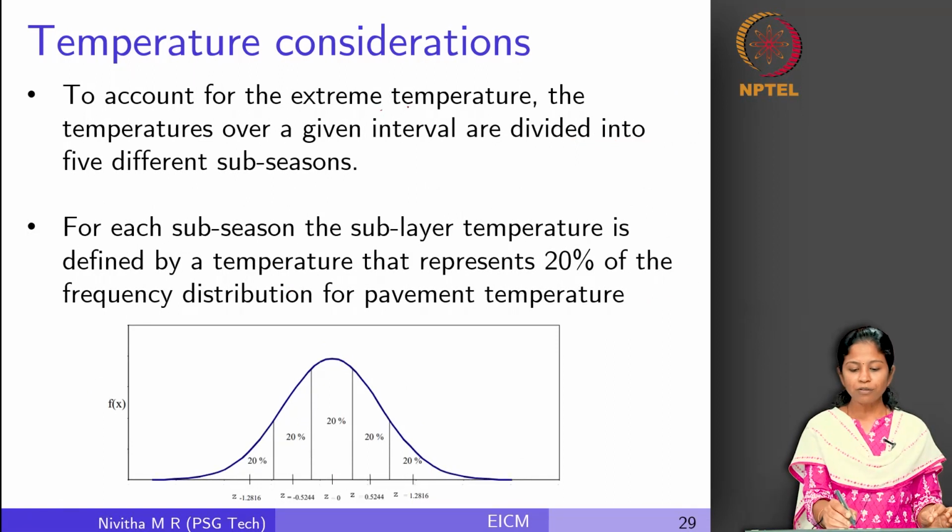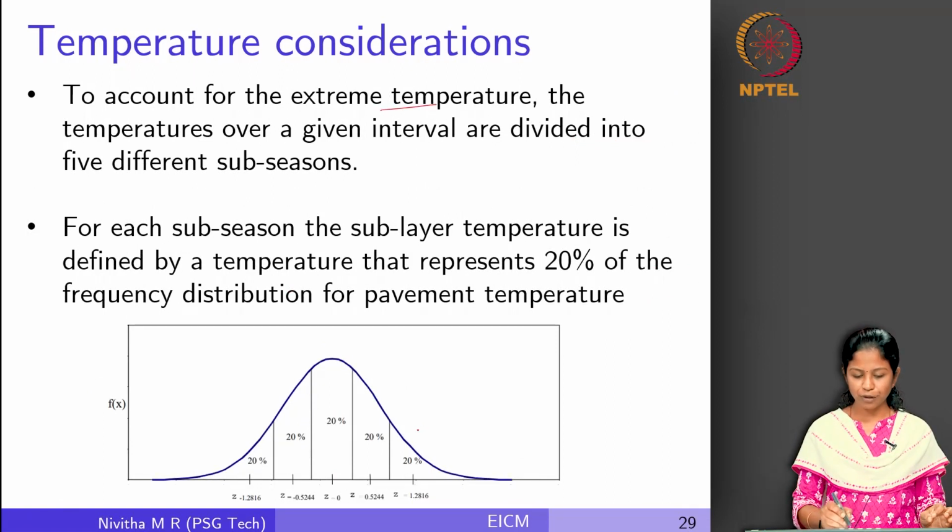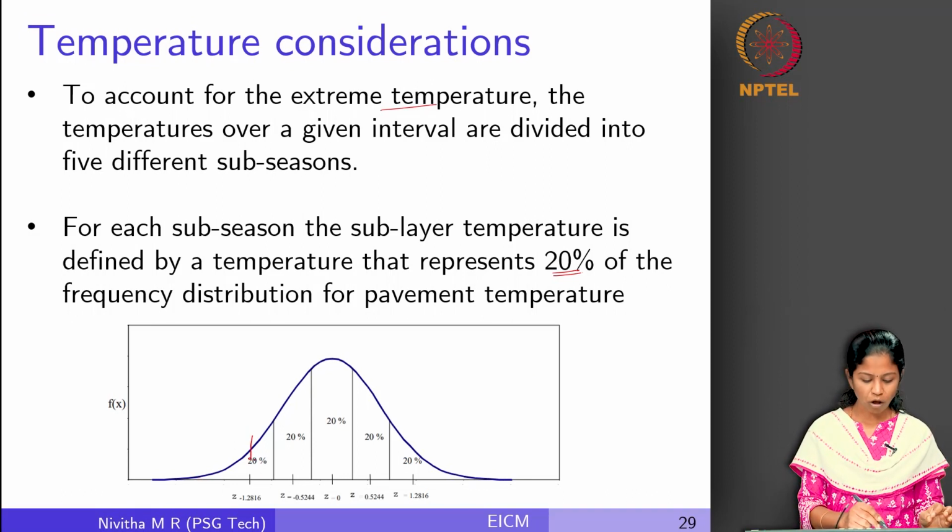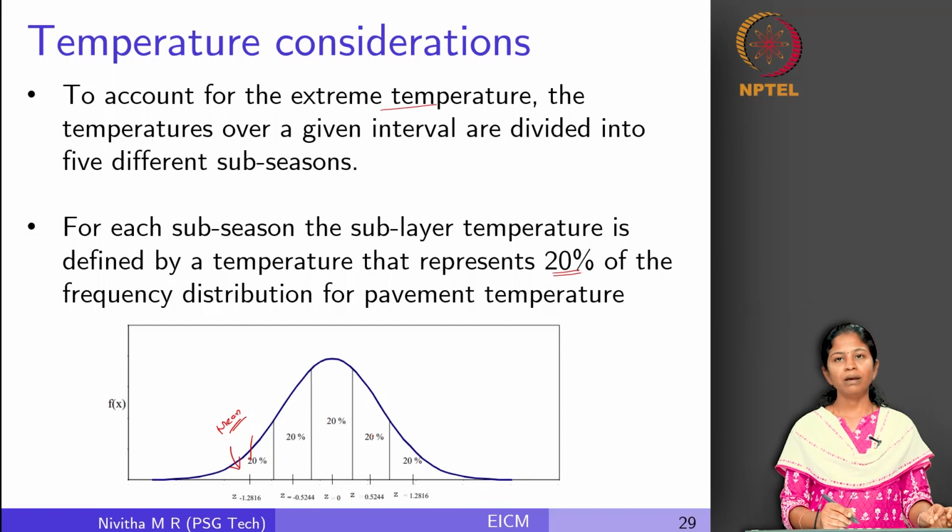Now, to account for the extreme temperature, it is divided into 5 subseasons, that is what we said. For each subseason, the sublayer temperature is defined as a temperature that represents 20% of the frequency distribution. So, for a given sublayer, we take this 20% block, take the mean value of this block, and then for that we compute the modulus.